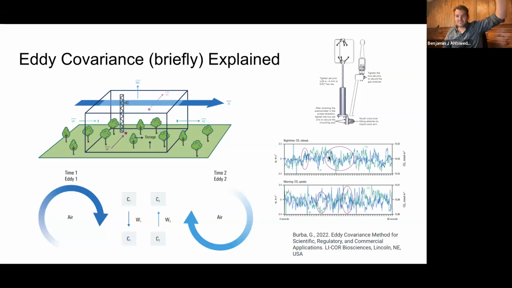When the wind's moving down and the CO2 value is increasing as the wind's moving down, that means the CO2 is higher above the system than below the system. And then the opposite is true on the other plot. This is the part where I sort of lose people sometimes, but essentially, if they're moving together, like the plot shows, CO2 is being released from the surface, and if the wind and CO2 are moving separately, that means there's uptake happening.